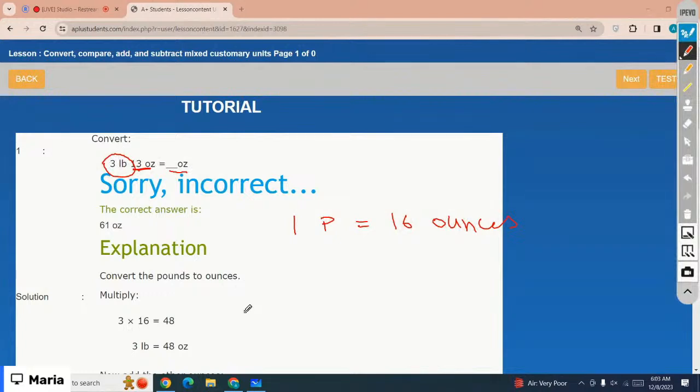Here you have 3 pounds, so you have to do 3 times 16. 3 times 16 is 48 ounces. So 3 pounds equal 48 ounces. You already have 13, so 48 plus 13 equals 61 ounces. So together they make 61 ounces, right?